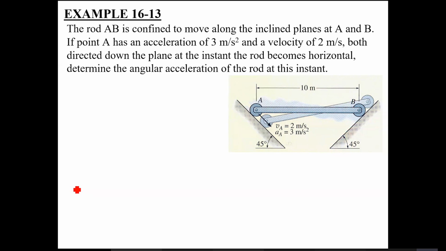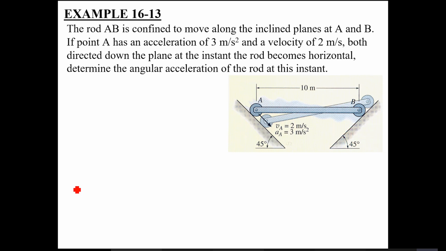So the kinematics of point A are known to you. You need to determine the angular acceleration of rod AB at the instant when this link AB becomes horizontal. Both the inclines are at an angle of 45 degrees as shown in the figure.